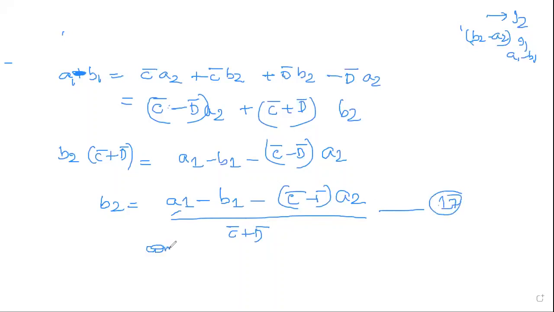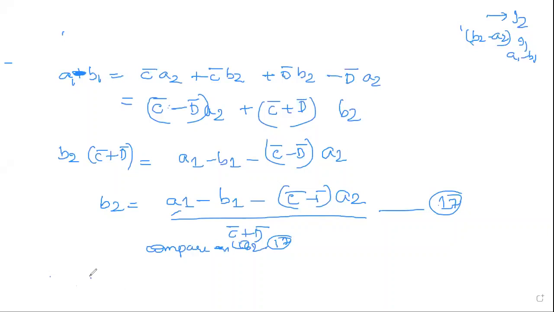Now the next step, compare your equations 16 and 17, because both equations we have written in terms of B2. So if you compare the equations of B2, what is the first equation?